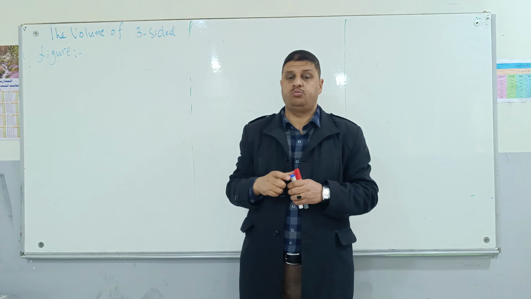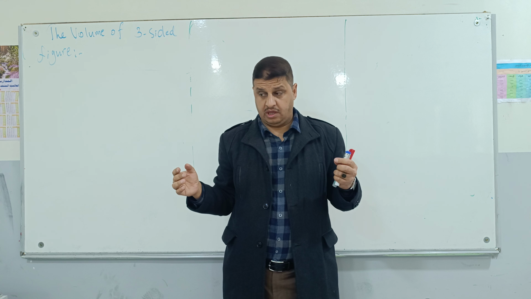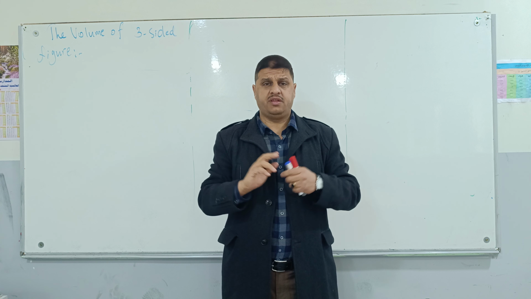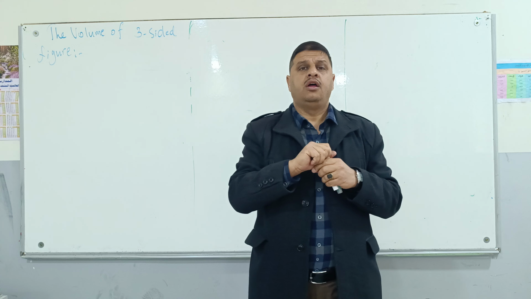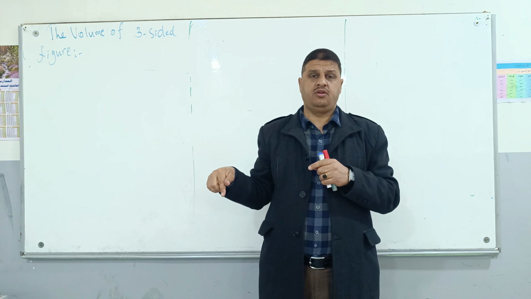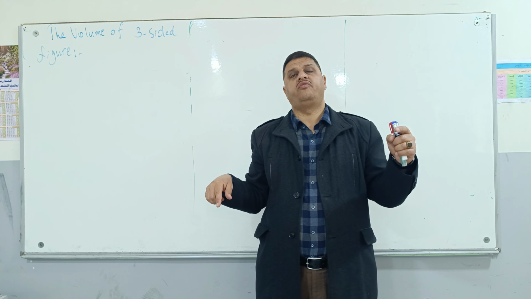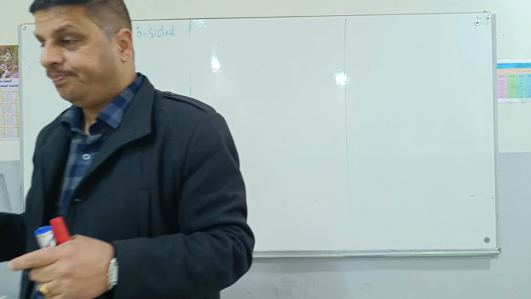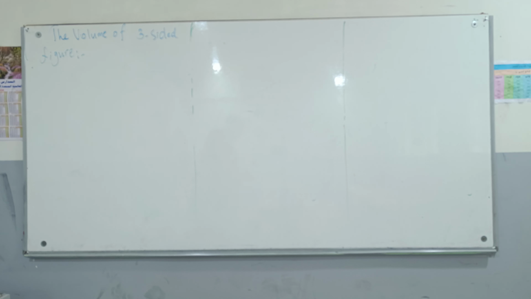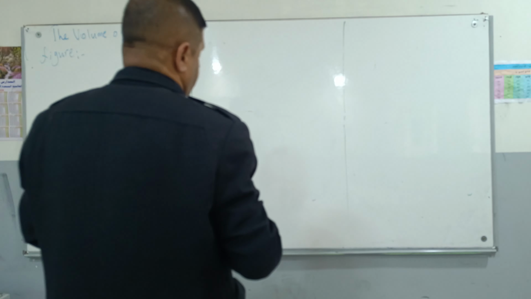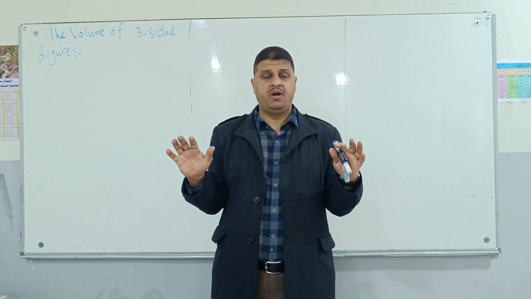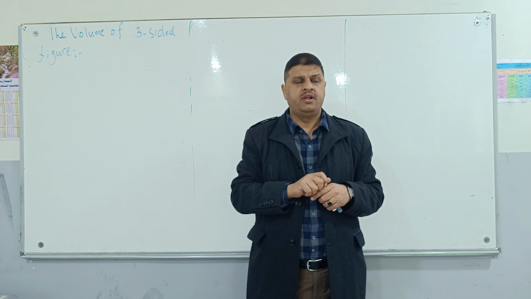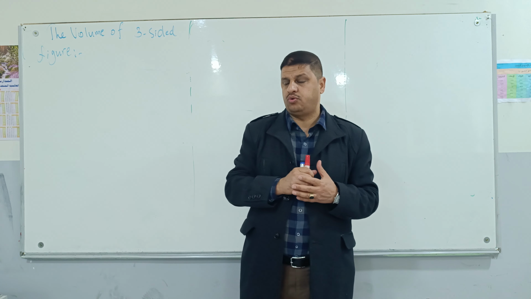Yesterday we studied the volume of the cube and we defined the cube. It is a three-dimensional figure, having a length of the base, width of the base, and height. But as I told you, all the sides of the cube are equal.